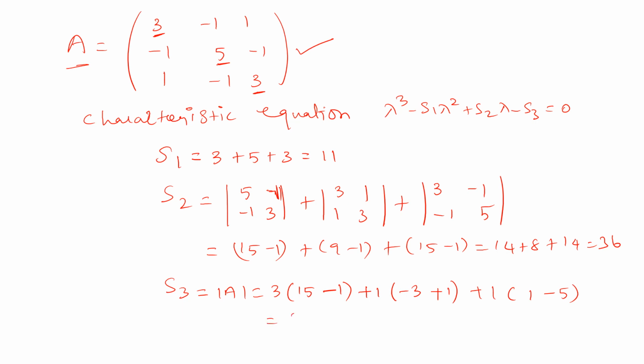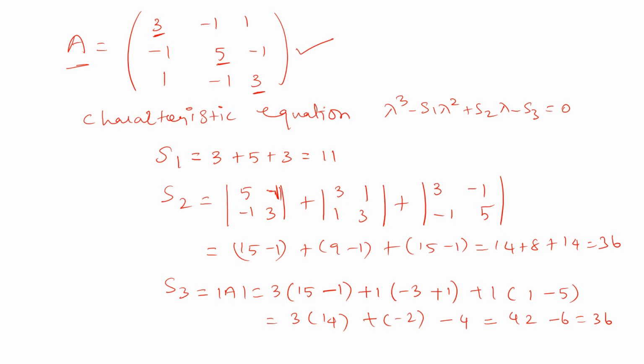So which is equal to 3 into 14 plus 1 into minus 2 minus 4. So 3 into 14 is 42. 42 minus 6 is equal to 36.